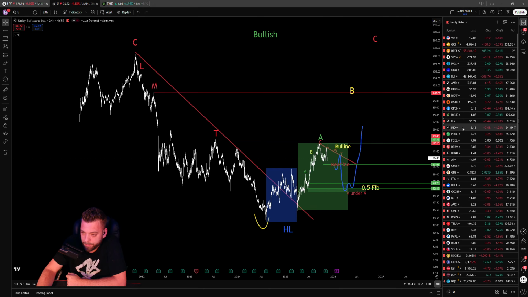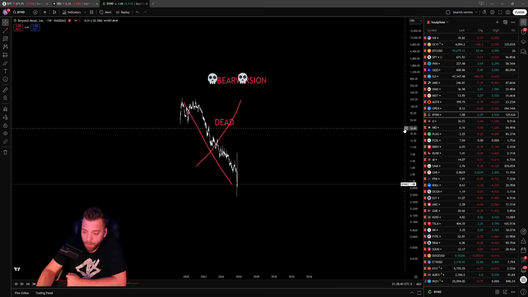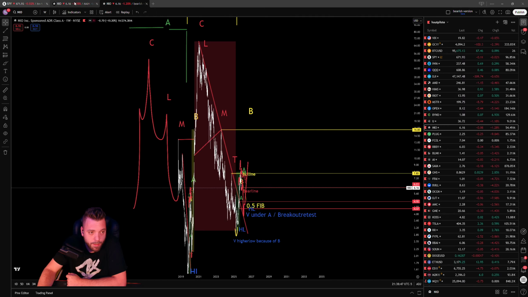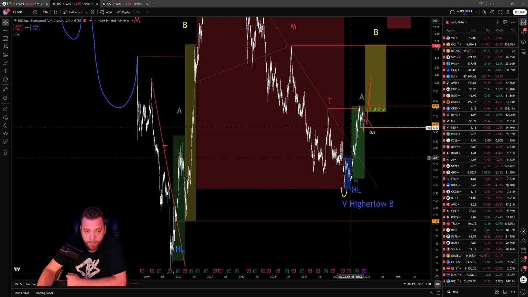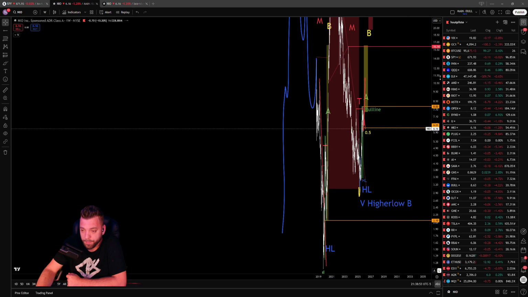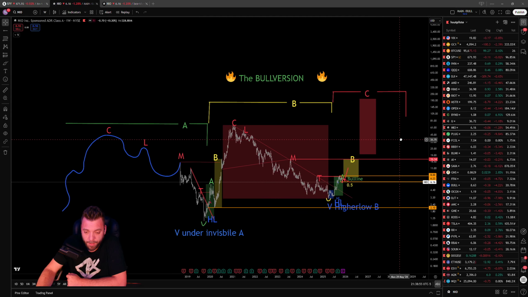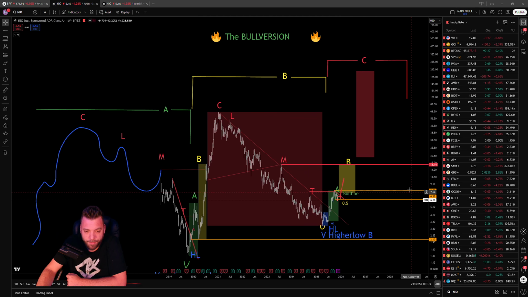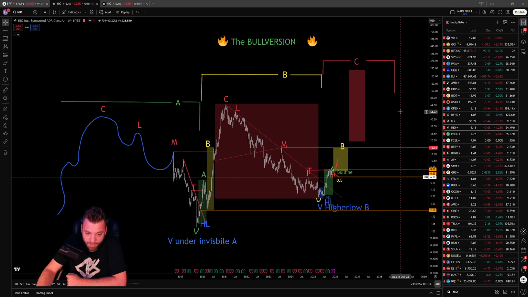Okay, next one. Neo. Bullish and bearish, but to say that clearly, in my opinion, both are bullish. So here the bull version.